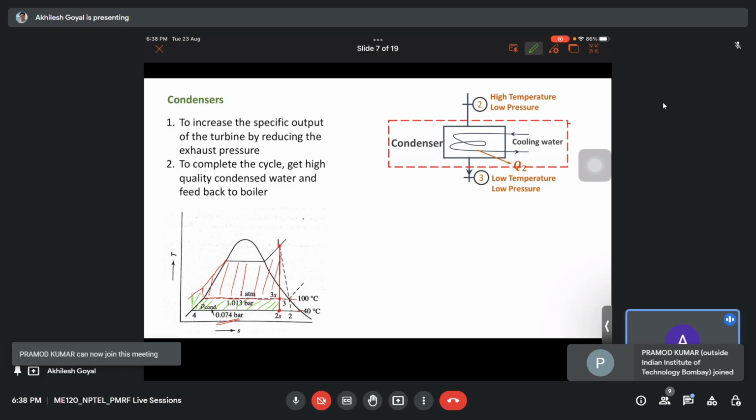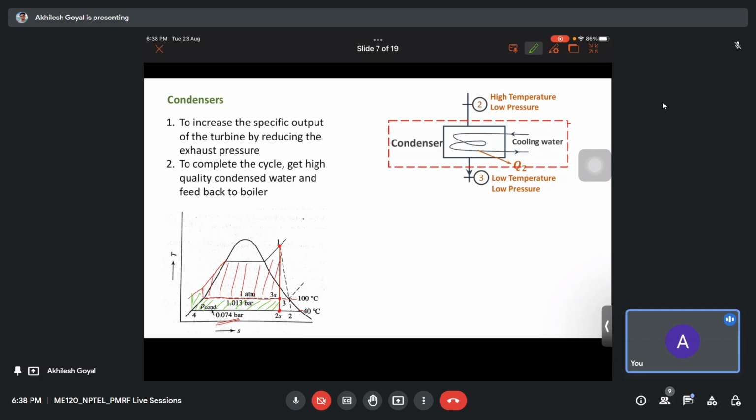To achieve this higher specific output, we use a condenser which operates at a pressure lower than atmospheric pressure, the saturated pressure corresponding to the condenser temperature, that is 40 degrees centigrade at that time. So these are the two main reasons we use a condenser in the steam power cycle.